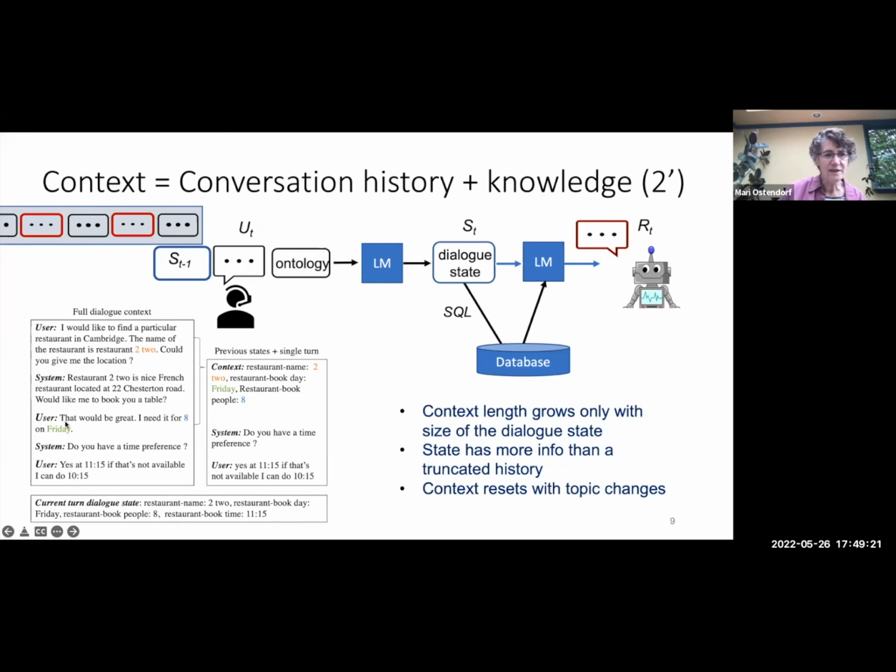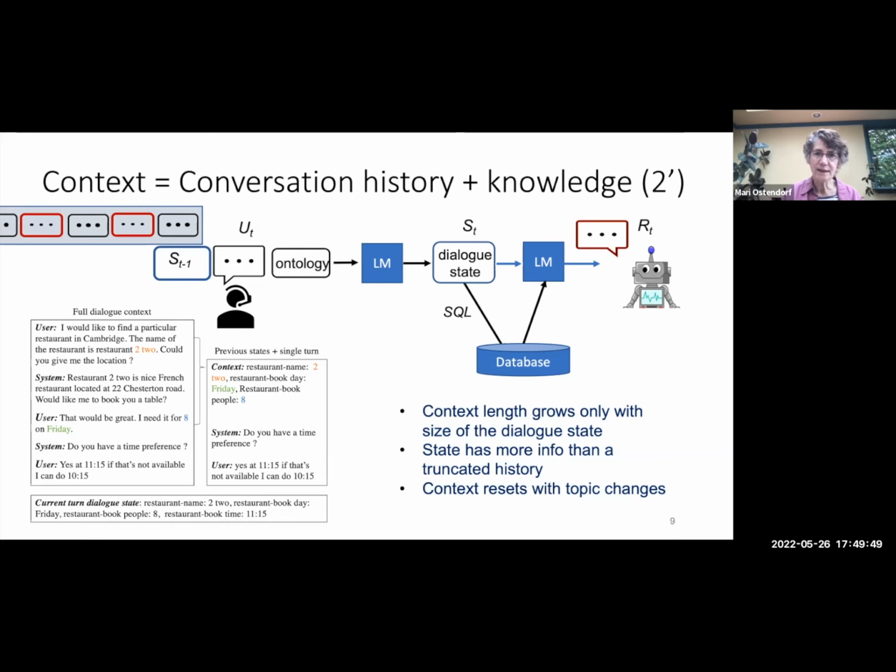So I have all this history here in a full dialogue context. I compress all of the past history into a dialogue state context. And then I know, what did the system ask last? What did the user respond? Put that into the language model with the ontology again to predict the dialogue state, to predict the response.